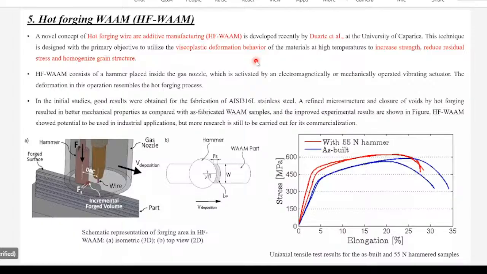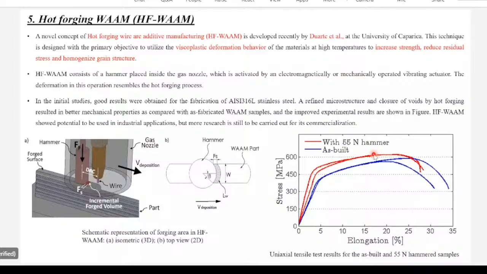So this is also a betterment of WAM components, and you can see in the stress elongation diagram, the blue color region is the as-built strength of the WAM, and with the 55 Newton hammer, you can increase the strength by around 600. It is crossing the maximum ultimate tensile strength, more than 600. So the increment in strength is there. So this is also a good alternative.